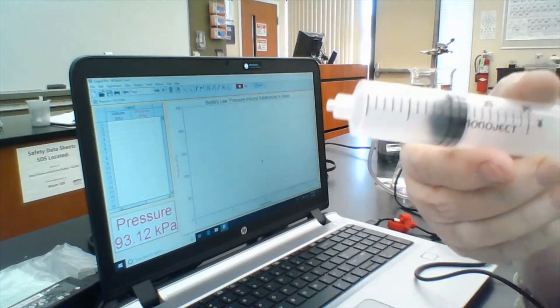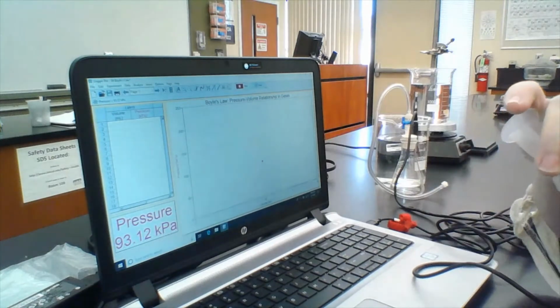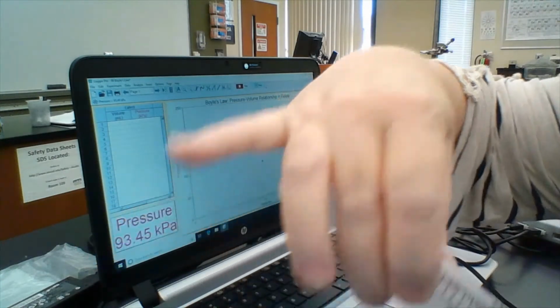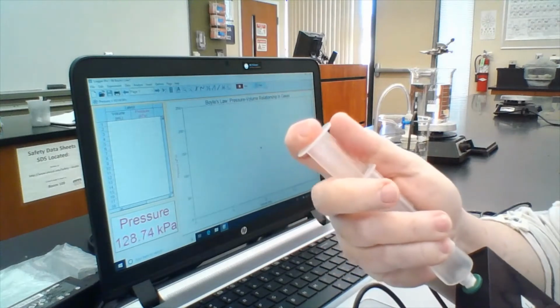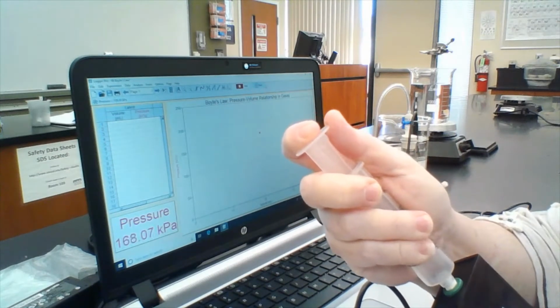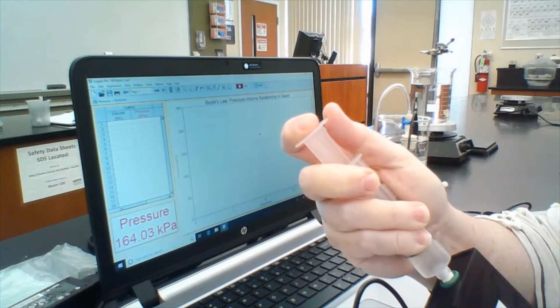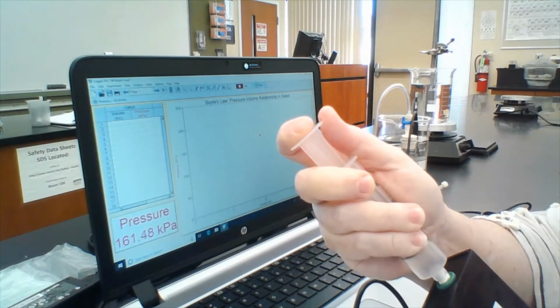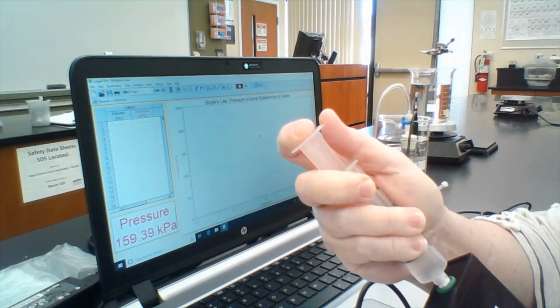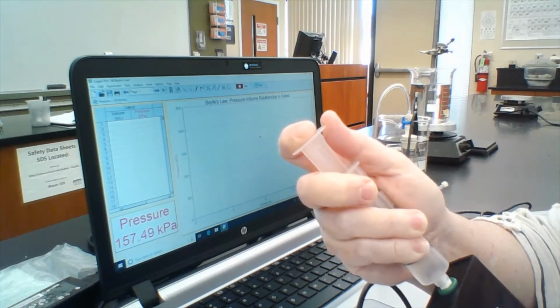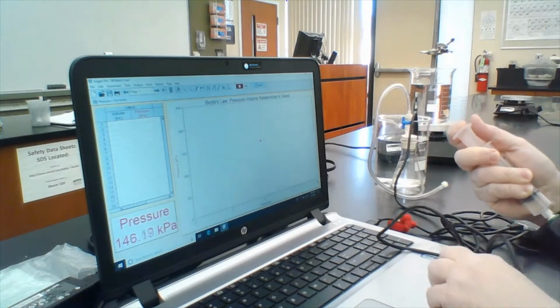I'm going to put the syringe to 5 milliliters and press keep as soon as the reading stabilizes. Now with the new syringe at 10 milliliters, attach it to the gas sensor and decrease the volume to 5 milliliters. This seems to be working. It's stabilizing faster. I don't know if you can see the readings there.